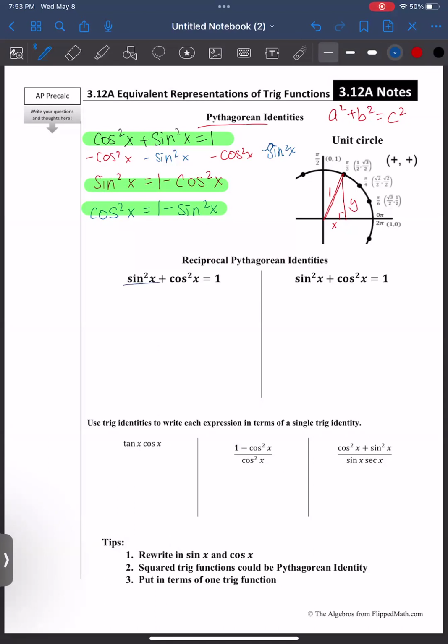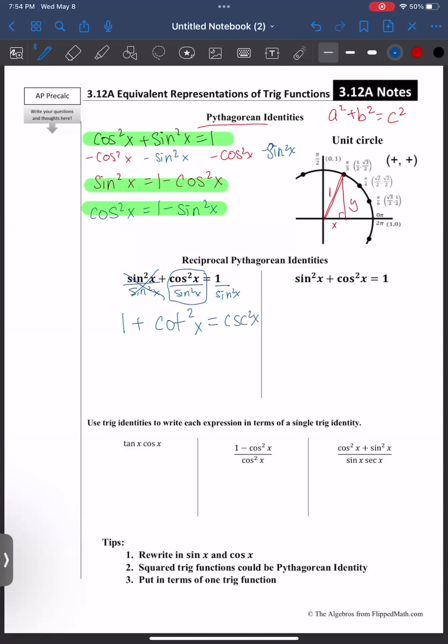Well, if I divide everything by sine squared of x, what would happen? This becomes 1 plus cosine squared of x over sine squared of x, which should be familiar because we just did it in 3.11, that's the cotangent. So you would have 1 plus cotangent squared of x equals, and 1 over sine squared of x is going to be the cosecant squared of x.